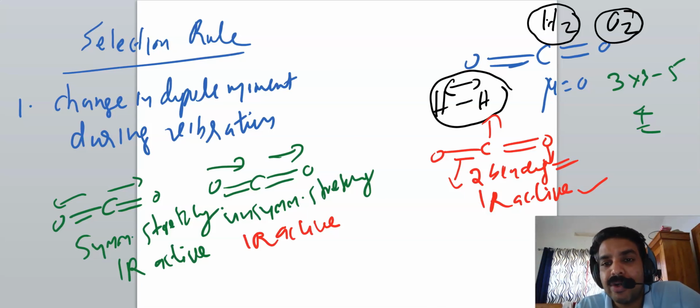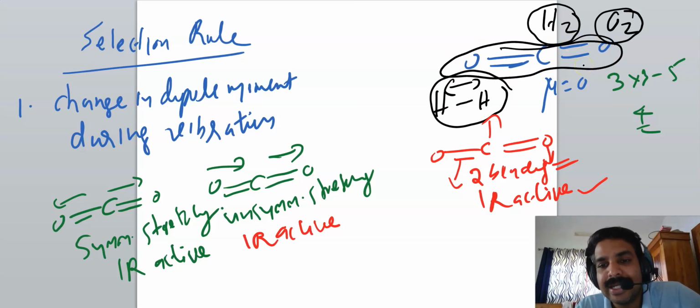But carbon dioxide, we know, is rotationally inactive, but it is vibrationally active. Some vibrations of carbon dioxide are active. So the selection rule of IR activity is the change in dipole moment during vibration.